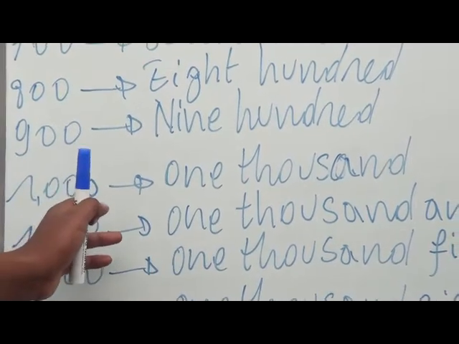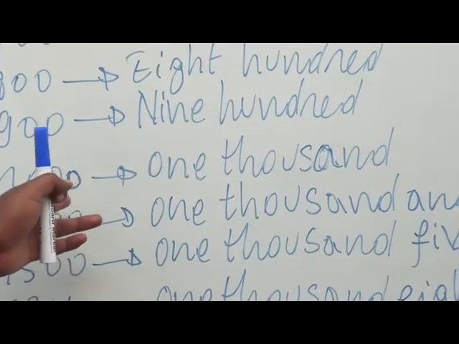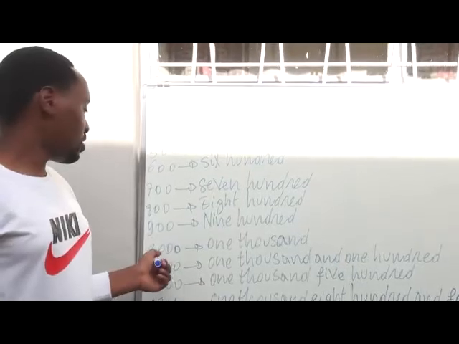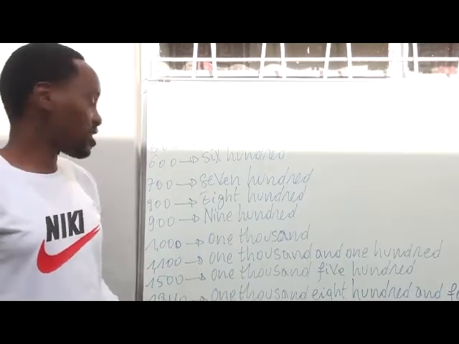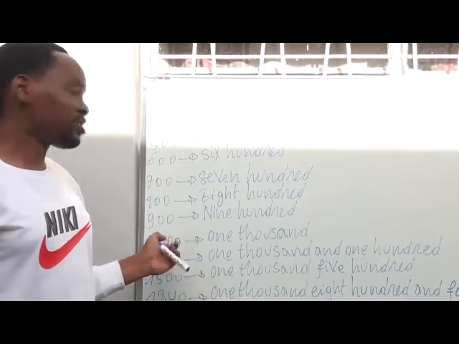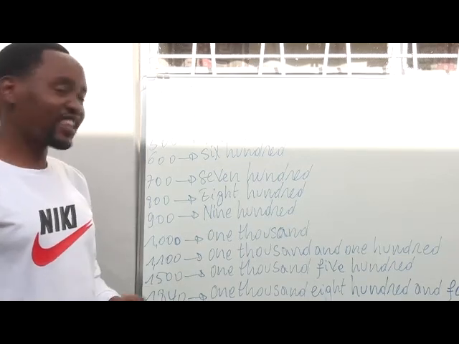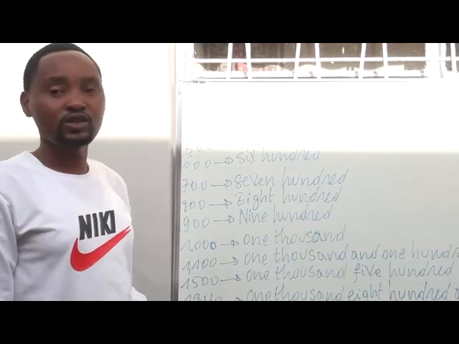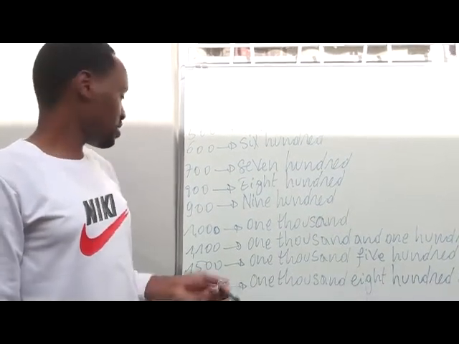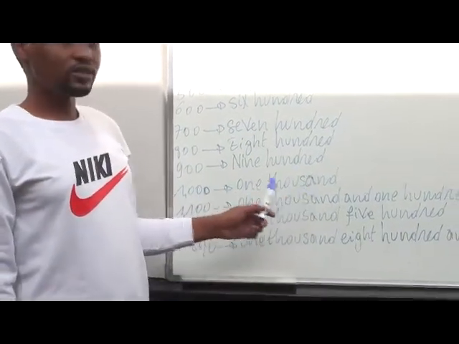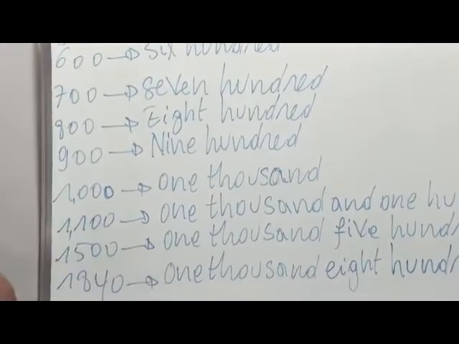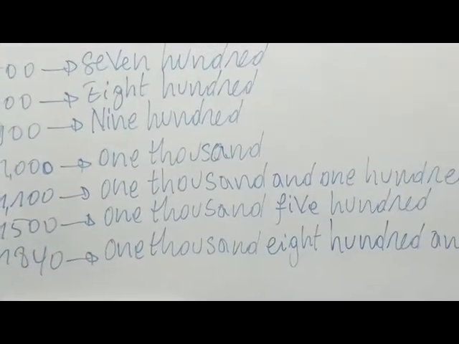So when we have 3 zeros, we read the first number and say 1,000. Here we have 1,000. I've given some other numbers.